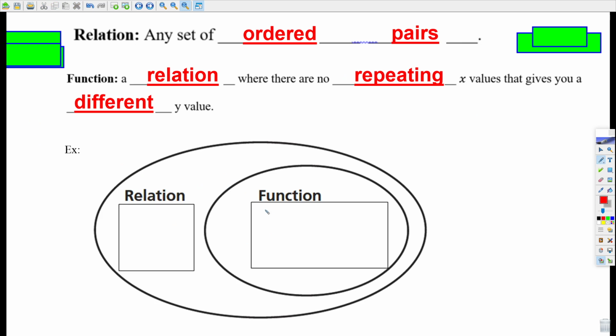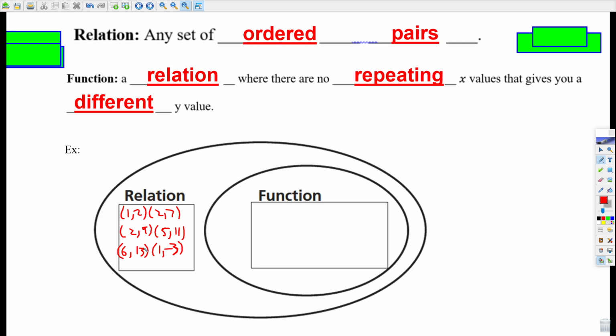So let's look at this little diagram down here. A relation can literally be anything that you want, right? Any set of ordered pairs. So we can make whatever we want. 1, 2; 2, 7; 2, 9; 5, 11. I'm just putting a bunch of ordered pairs. 6, 13. Let's do 1, negative 3.